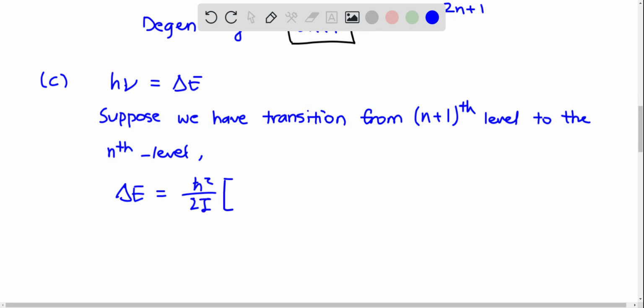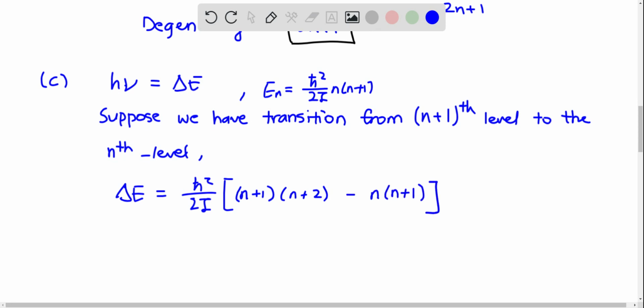Recall that En is h bar square over 2I times n times n plus 1. So the delta E from n plus 1 to n: the first term is when you substitute n plus 1 into n times n plus 1, and then you subtract n times n plus 1.